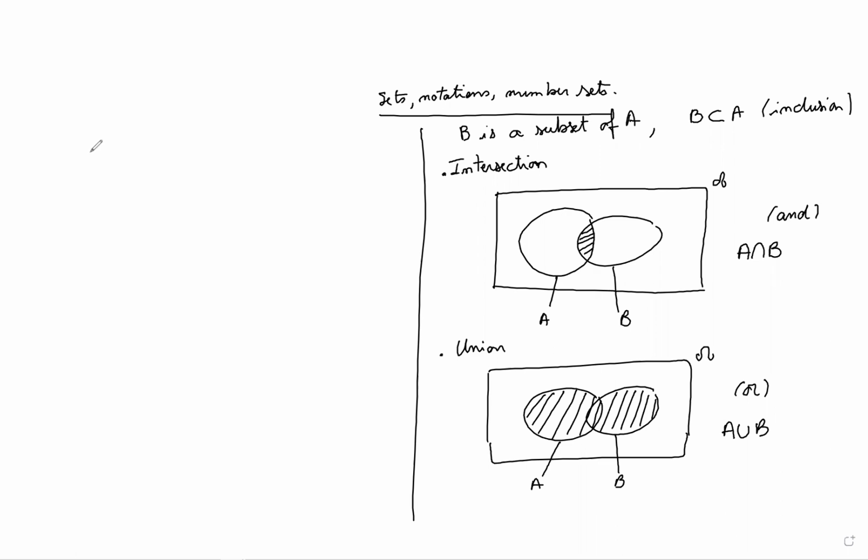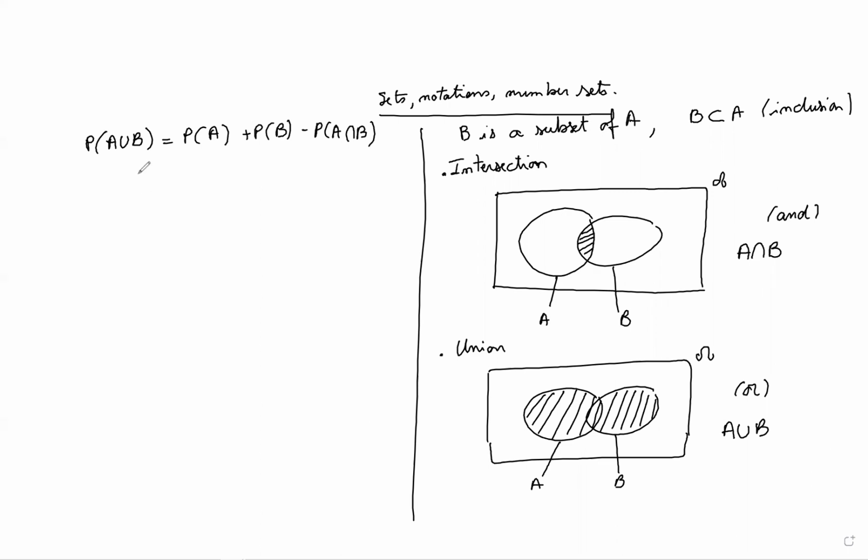Maybe you have seen these in your probability class, that the probability of A union B is the probability of A plus the probability of B minus the probability of A intersection B. Why?